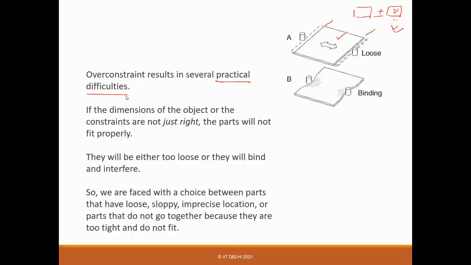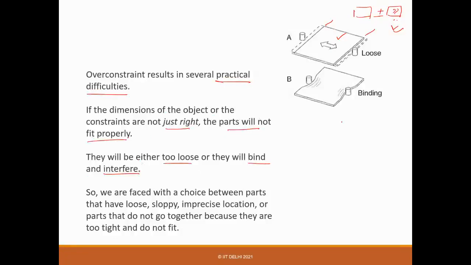We cannot make anything exact. There will always be tolerance, right? So if the dimensions of the object or the constraint are not just right, the parts will not fit properly, right? Other thing is, they will be either too loose or they will bind or interfere, right?